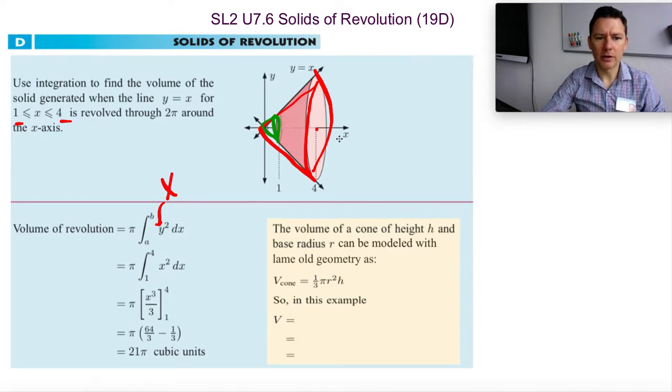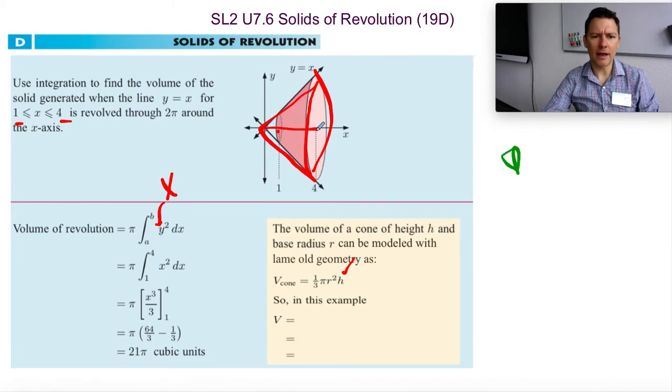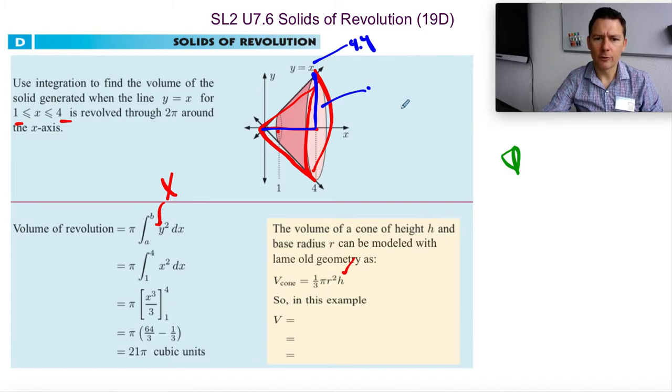So the volume of the big cone would be, I'm going to move that over there. Volume of the big cone is from 4 to 0, so 4, that's the height. The r is the same for all of these. Let's see, at 4, this will be 4 and 4, right? We put in 4 for the x, and 4 comes out for the y. So the radius for the red cone is 4, right?